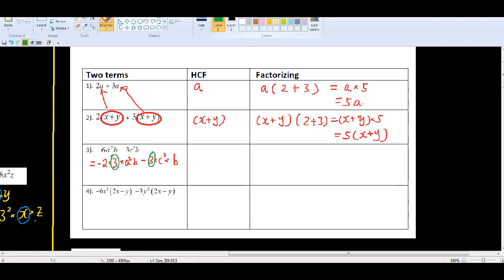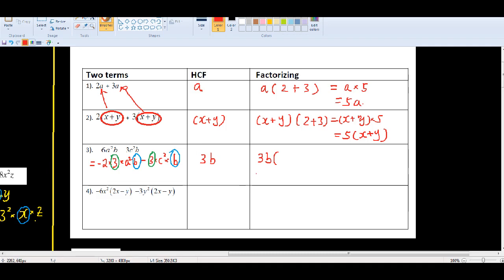You got another b as common factor. There's no a in the second term, no c in the first term, no 2 in the second term. So HCF is 3b. So to do factorization, what you need to do is to take out that 3b.